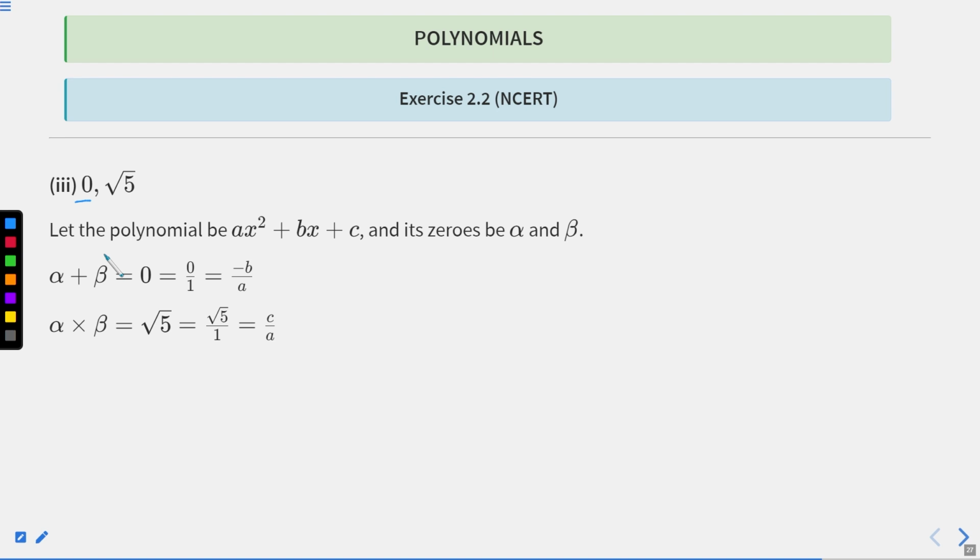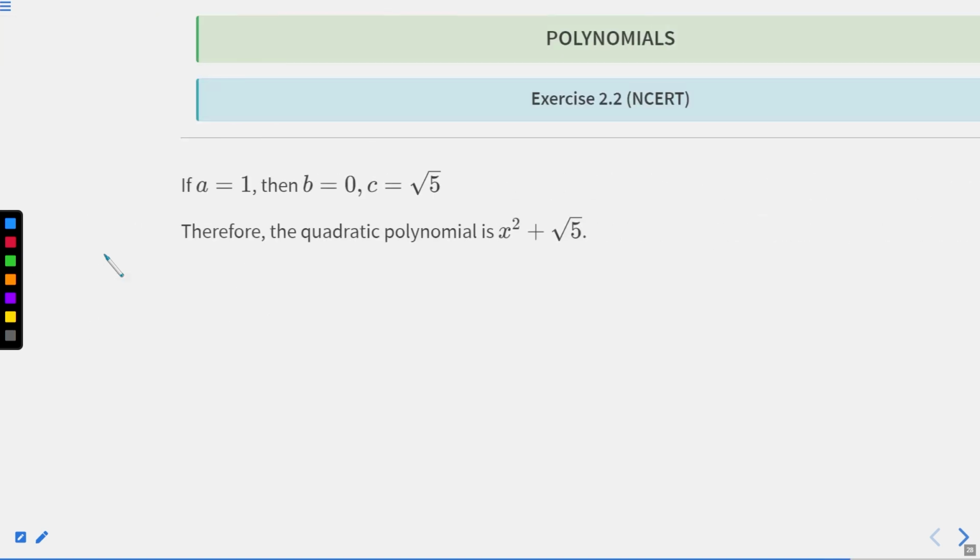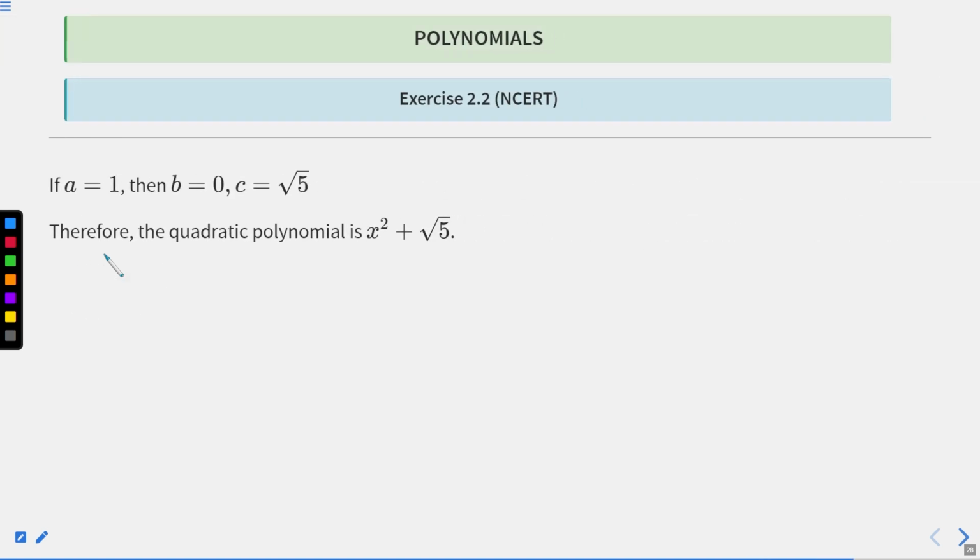Okay, and the product of its zeros, that is alpha times beta, is equal to square root of 5. Okay, and this is equal to √5/1, that is equal to c upon a. So if a is 1, then b is 0 and c is √5. So therefore the quadratic polynomial is x square plus √5.